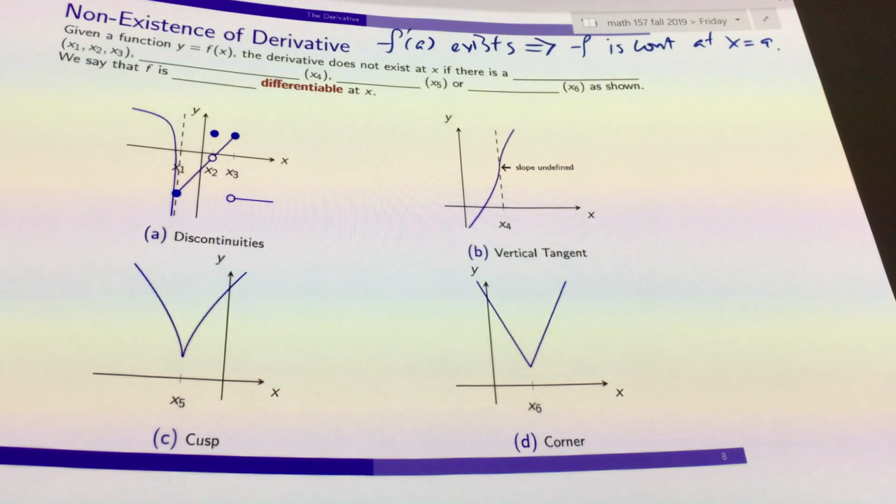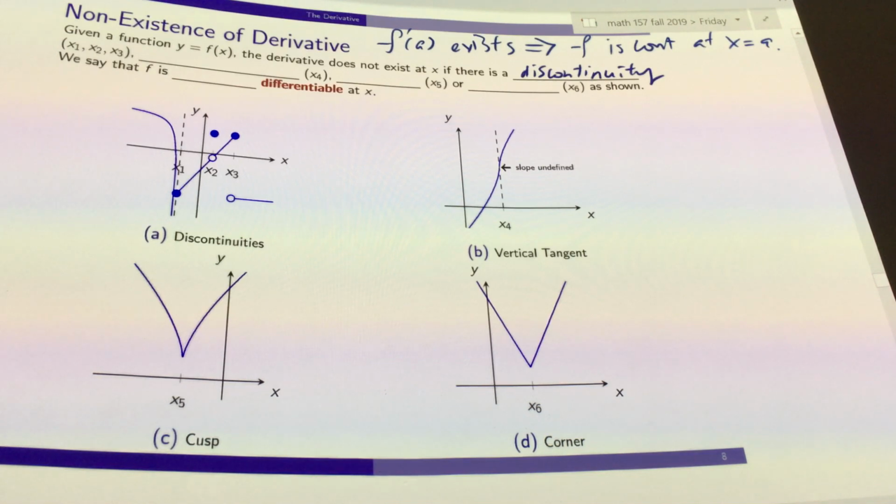You have to be continuous to have a tangent. If you have a jump, you cannot touch or fit the curve with a straight line, because at the jump the curve already doesn't look like a straight line. So given a function, if the derivative does not exist, the function may not be continuous, so there's a discontinuity.